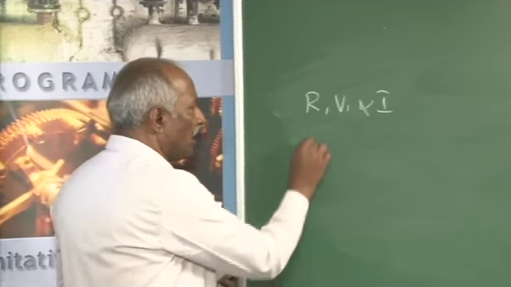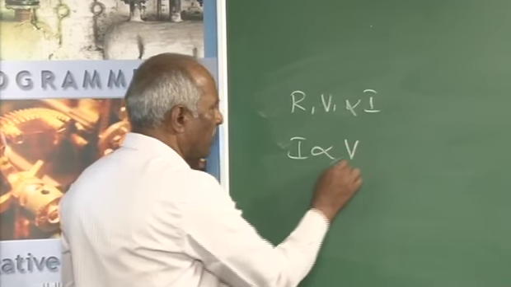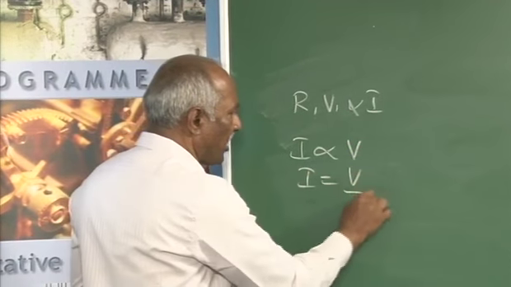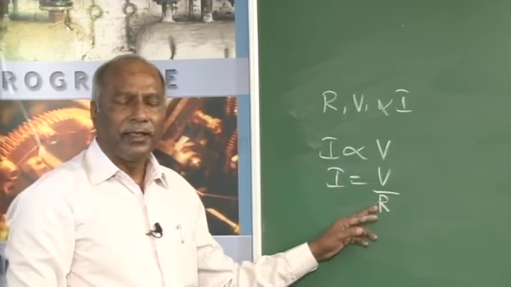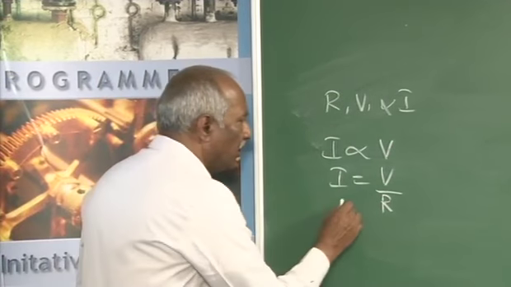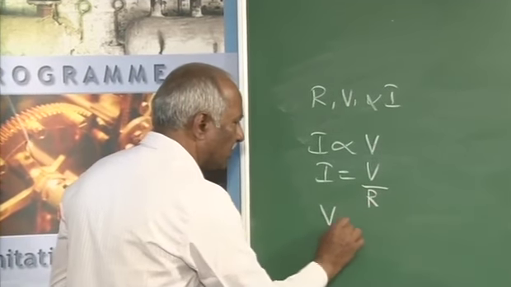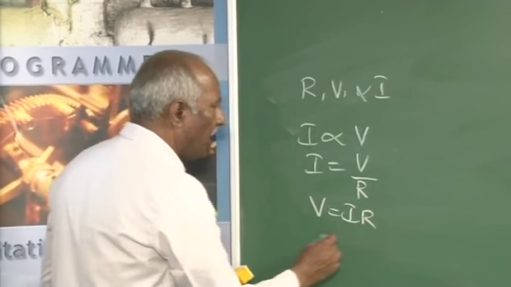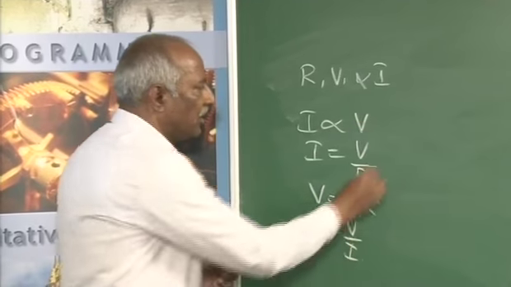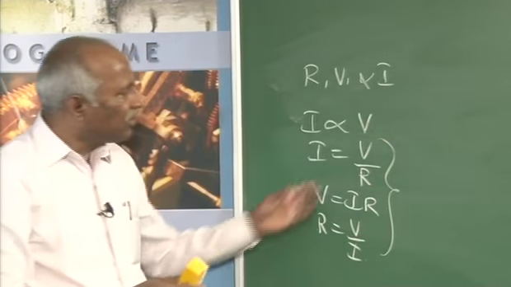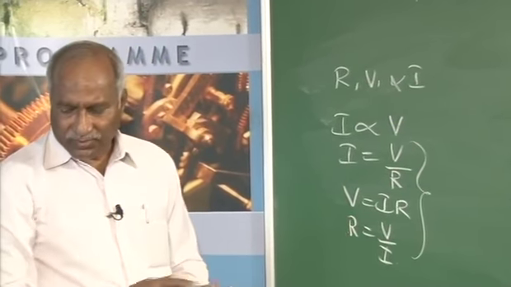It is as good as I is proportional to V, or I is equal to V by R, where the constant of proportionality is 1 by R. This is Ohm's law, and it can also be expressed as V equal to IR, or R equal to V by I. Ohm's law can be expressed in any one of these possible ways.